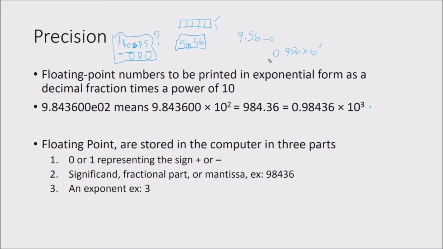I just move the dot here, and if you multiply this by 10 to the power 1, you get the answer. Like that, if I have another one which is 2.25, and I want to represent it in this form, I can write it as 0.225 multiplied by 10 to the power 1.